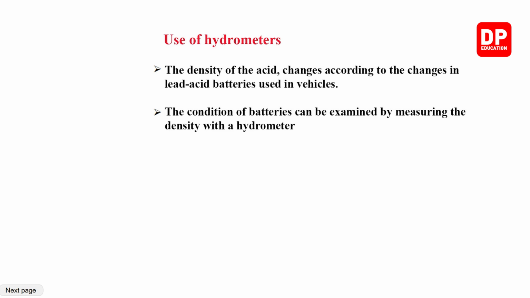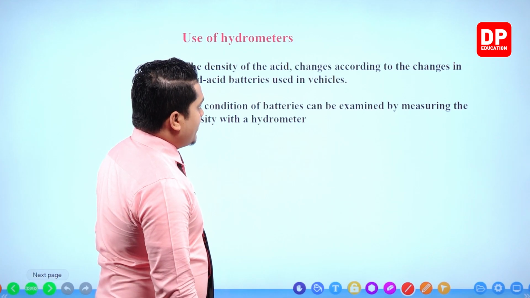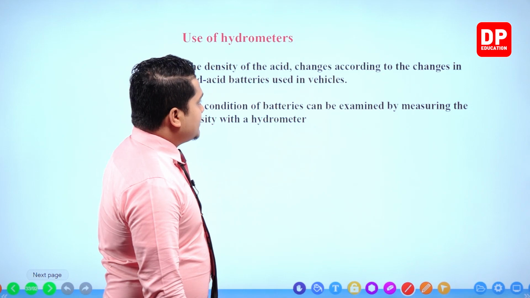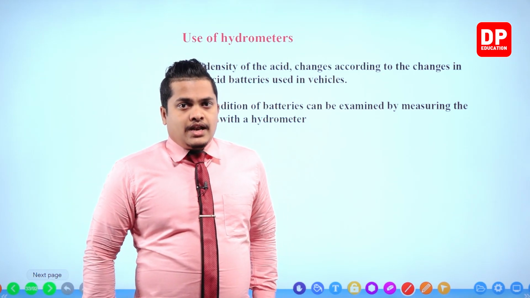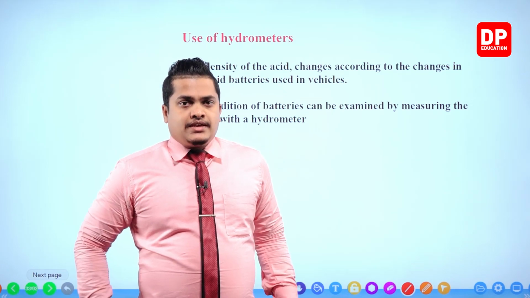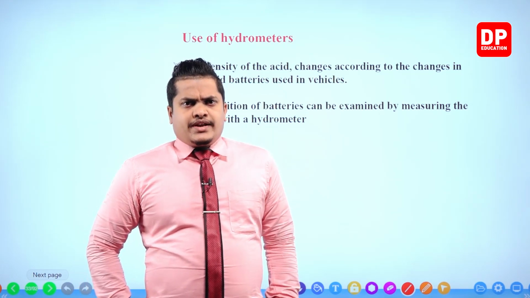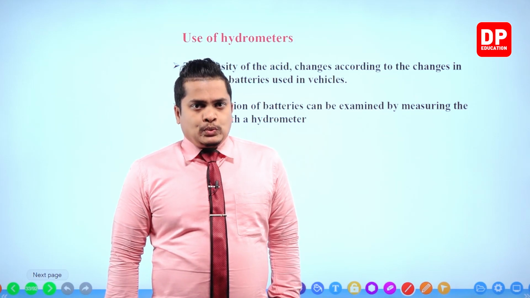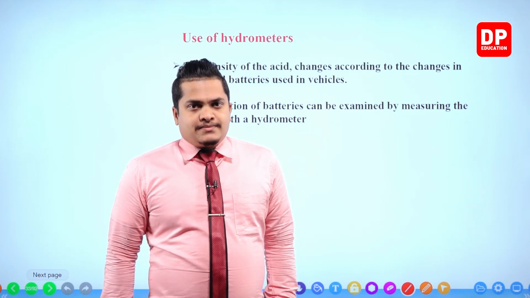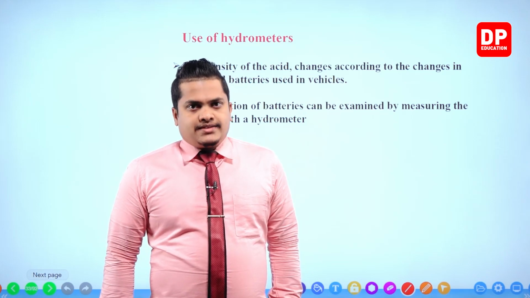The density of the acid changes according to the changes in lead acid batteries used in vehicles. Lead acid accumulators, or else lead acid batteries. In lead acid batteries, my dear children, lead is the main type of metal that we use, and it is displaced in acids.